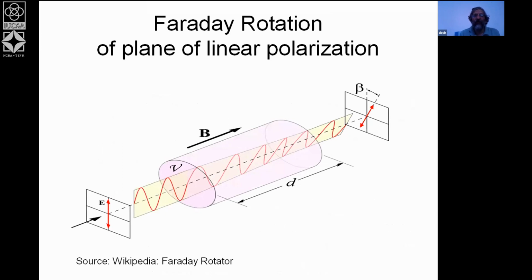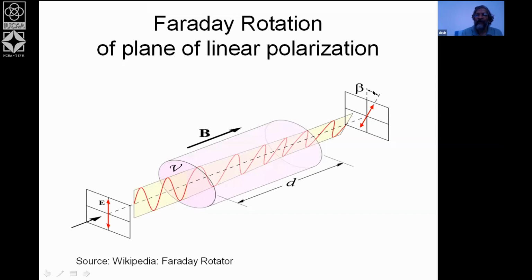One of the effects that both helps and is unavoidable is Faraday rotation. This is a simple depiction I have picked up from Wikipedia, where the plane of oscillation of the electric field changes smoothly across to another state, which is oriented relative to the original state.